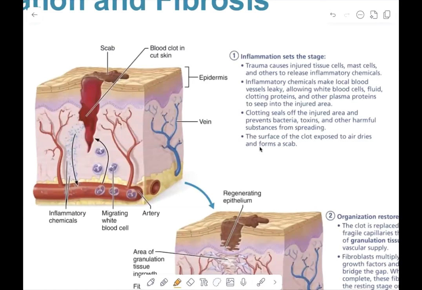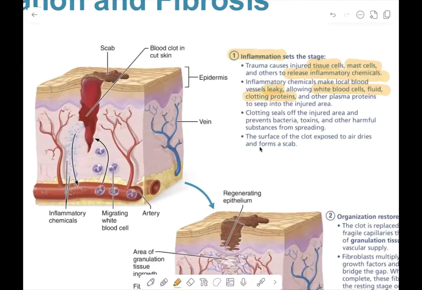So when inflammation begins, trauma is going to cause the injured tissue cells, the mast cells, and others to release inflammatory chemicals. Those inflammatory chemicals make the local blood vessels leaky, and they allow for white blood cells, fluid, and clotting proteins to come to the rescue.